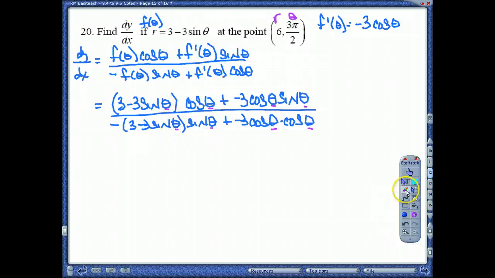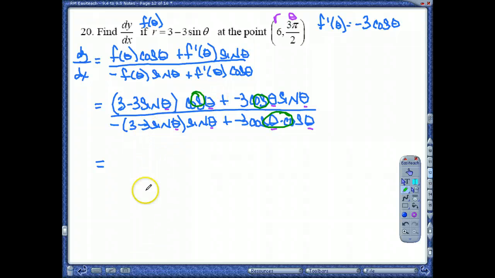When I look at that, that's going to make this really quite easy, because when I take the cosine of 3 pi over 2, I know that's going to be 0. So this term's going to be 0, and this term is going to be 0. So I do have something on the bottom, but I have 0 on top.